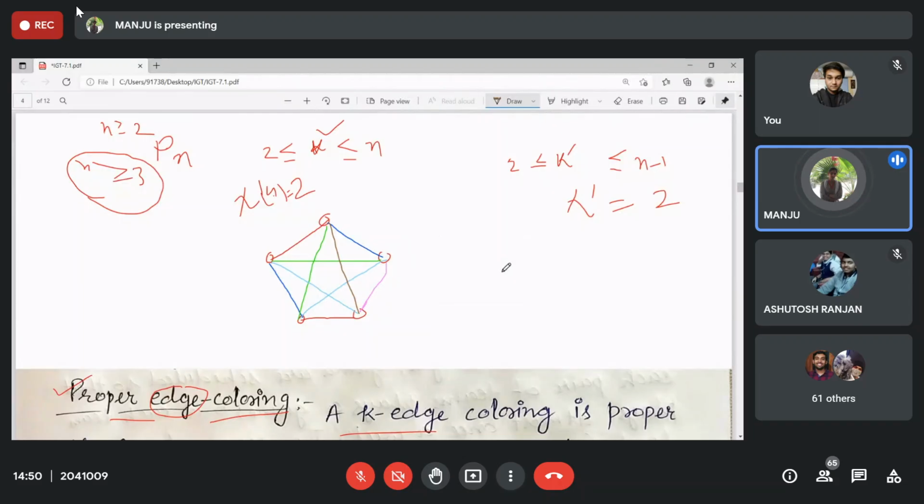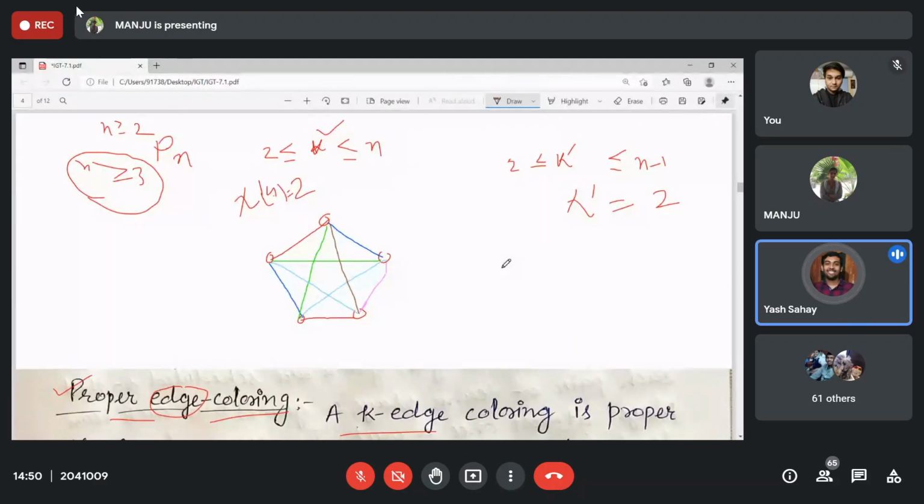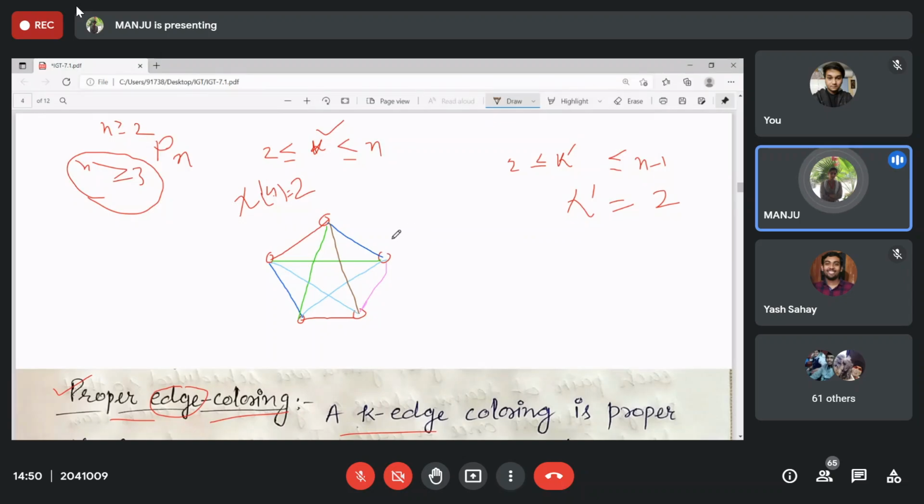This is your proper edge coloring. But is it minimum? No, ma'am. No. So which should I replace with what? Anyways, this is one of the proper colorings.